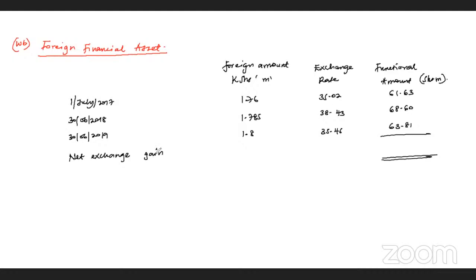Anyway, the differences we are coming up with include the differences on translation as well as the differences as a result of fair value movements. Because this financial asset's fair value kept on increasing, the differences are a mixture of gain and loss. When it comes to translation, there is a gain as well as a loss.